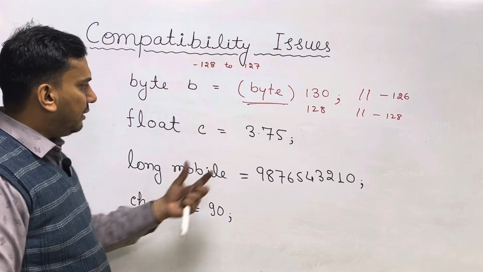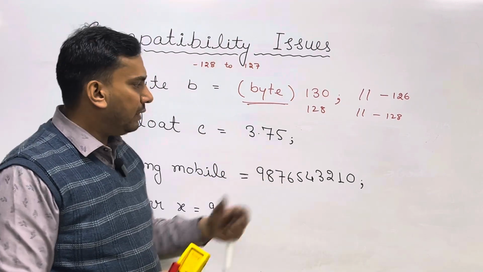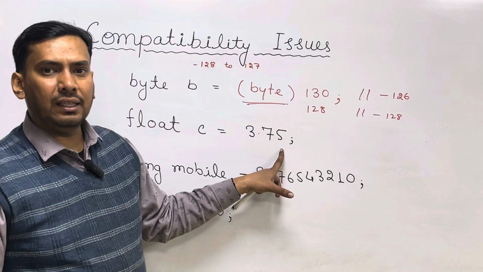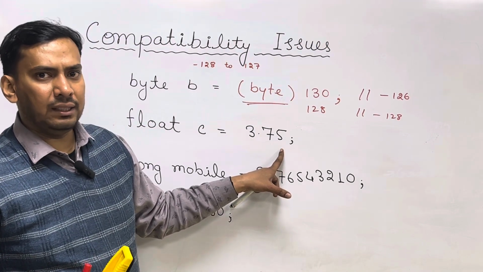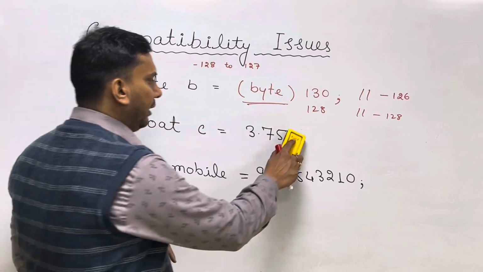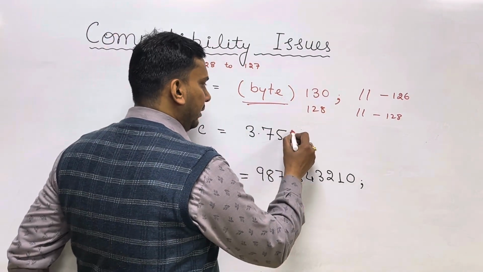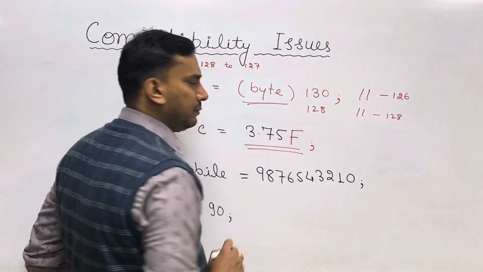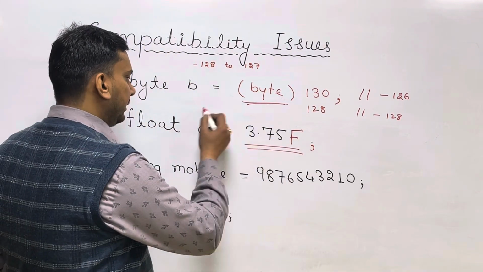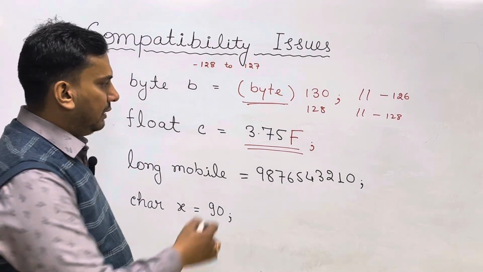So, how can you represent a floating point literal as a float? It can have the suffix capital or lowercase f. If you put a lowercase or uppercase f, both are applicable, so it will be considered as a float literal. Now, this float can be assigned to this float type of variable. So, this is one way.